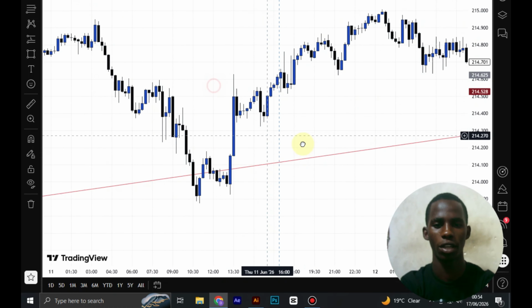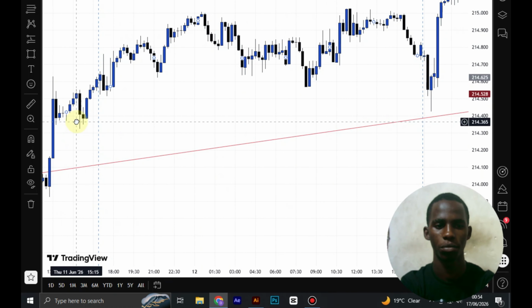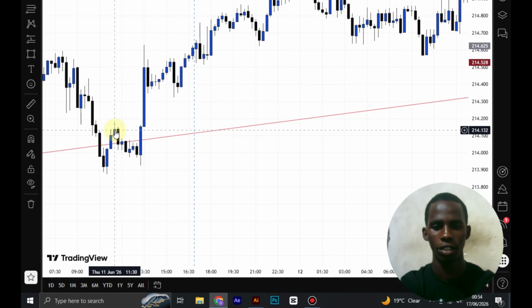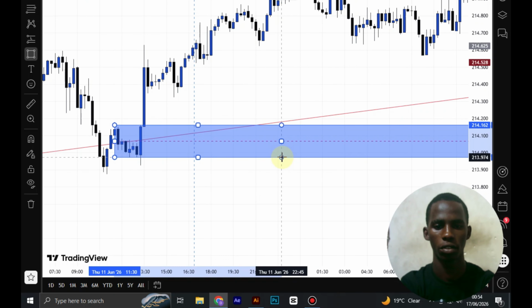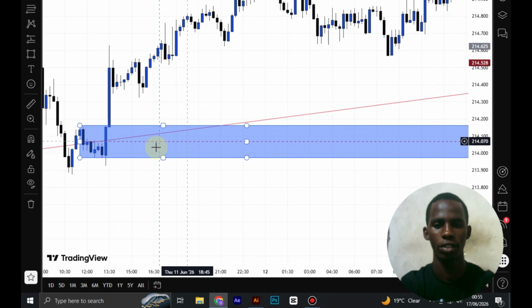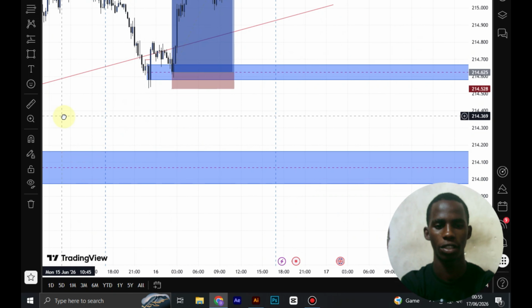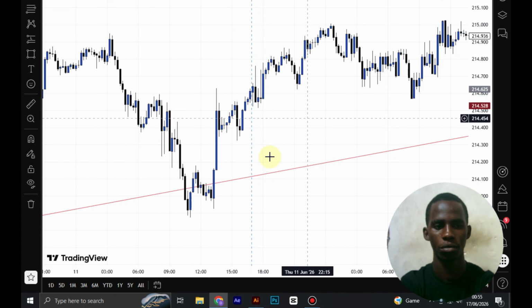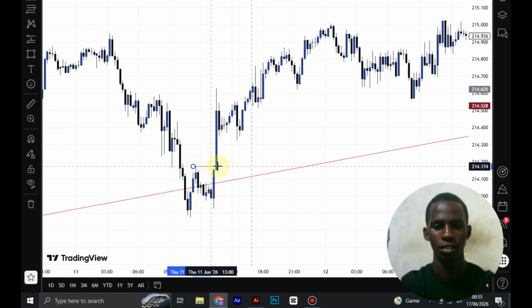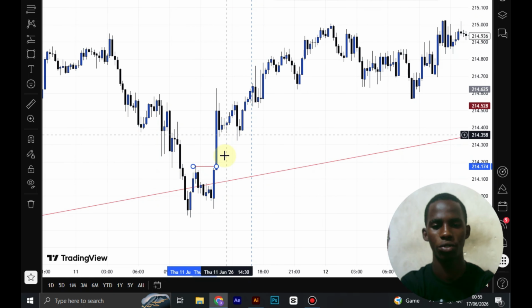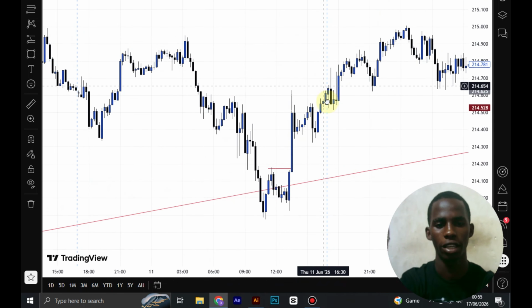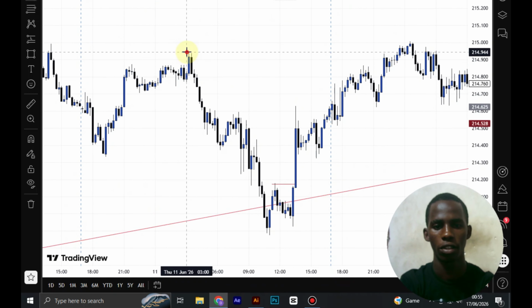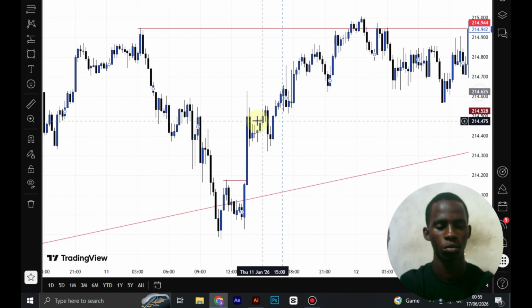Now here there is this order block. So you see price didn't actually tap into it, just went higher and higher. But you can see the moment it tapped the trend line and broke above this high, the first market structure shift, it just continued going higher and higher until it took this level over there, right?